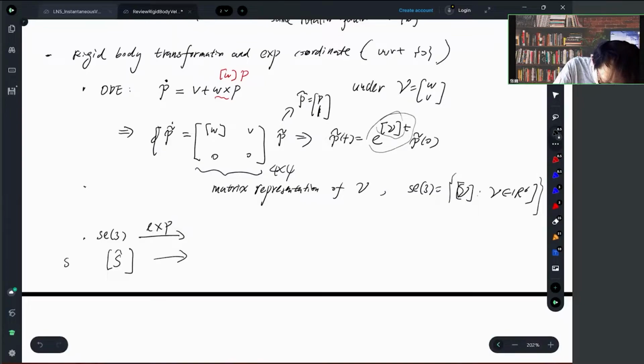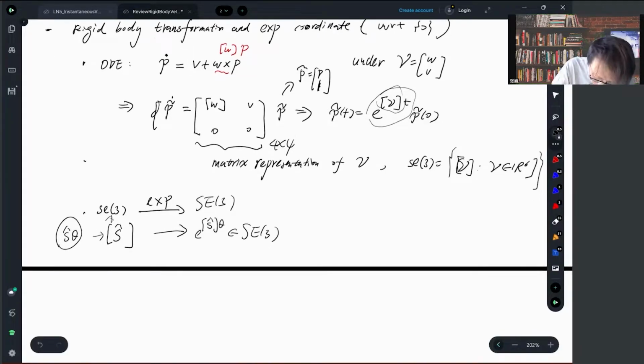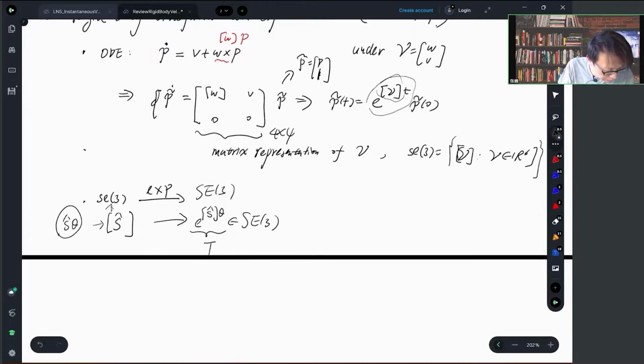That is the coordinate, and e to the S hat theta belongs to capital SE3, all the homogeneous transformation matrices.